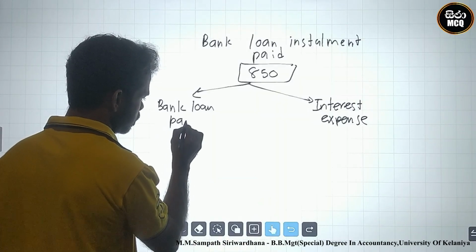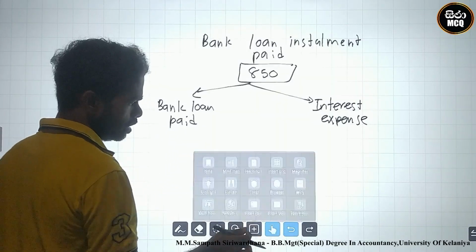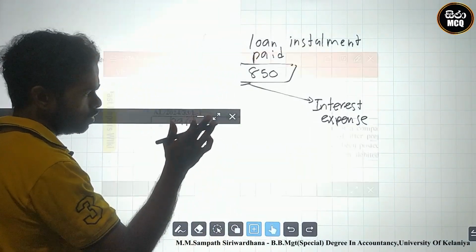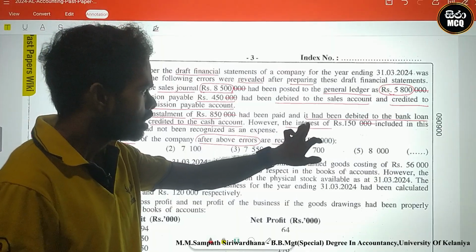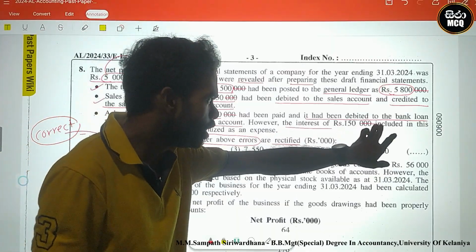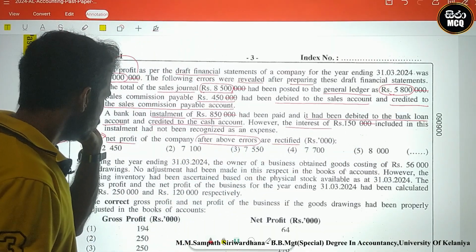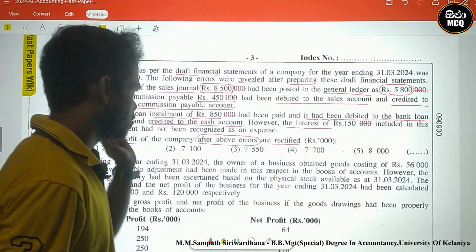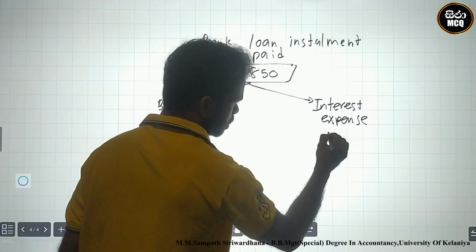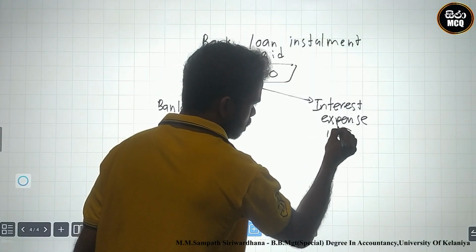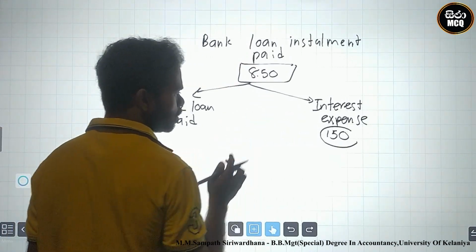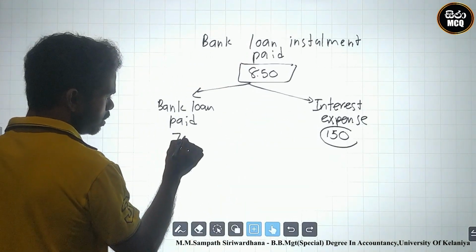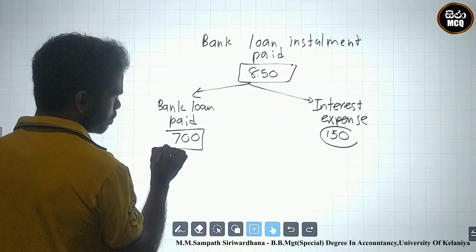Look here, the PDF said that 850 installment. However, the interest 150 is included in this installment. 150 means interest. The remaining balance is 850 minus 150. The remaining balance is 700.